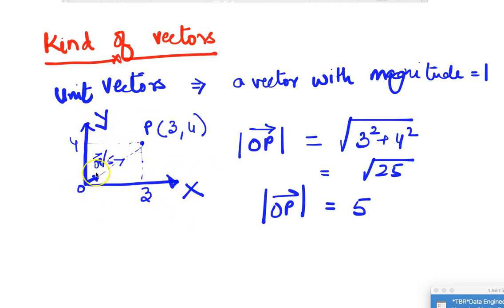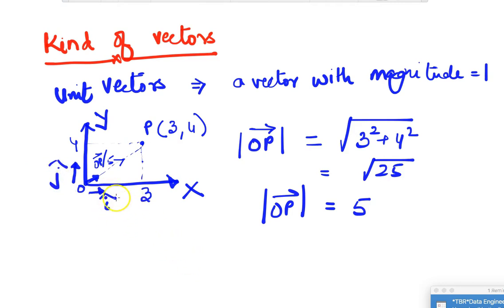Now, why is this an important concept? The way we defined the unit vector in the direction of OP, we could define a unit vector in the direction of x and a unit vector in the direction of y. There's a special name for them, which is i hat and j hat.